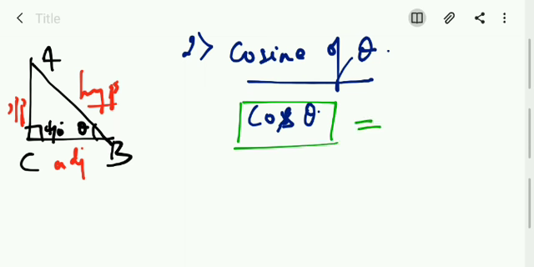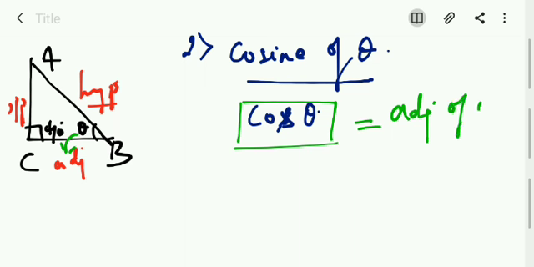Okay, now what is this cos theta? Definition of cos theta: it is the adjacent side of angle theta by hypotenuse. So what is the definition?